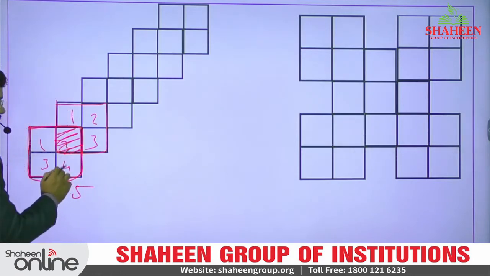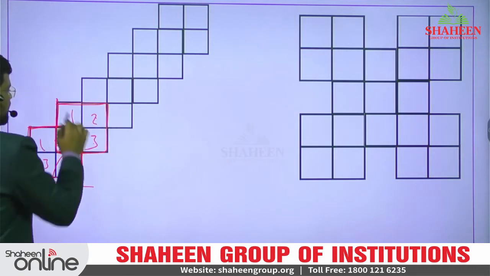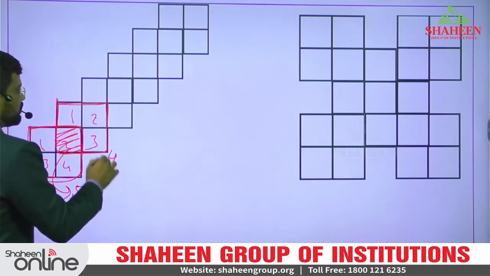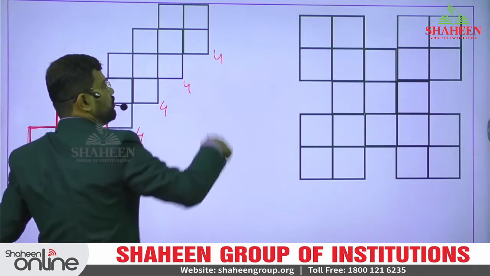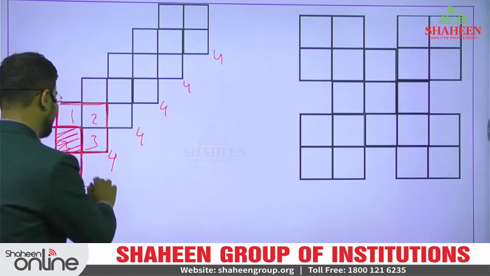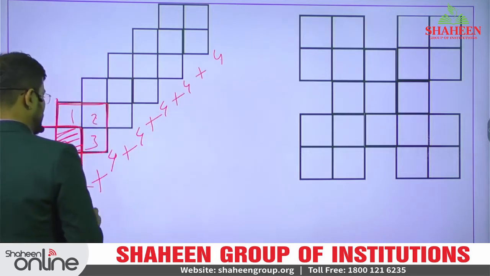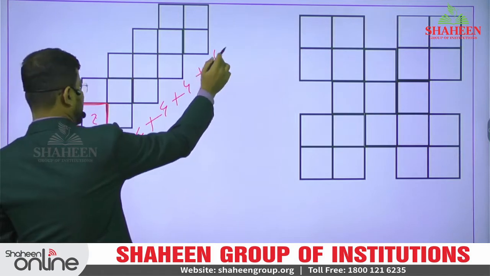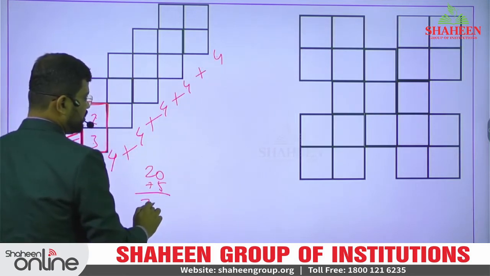Because I have already counted it, so I will not count 1, 2, 3, and the outer one is 4. Now imagine this is 4, 4, 4, 4, over. Now look at here, so 1, 2, 3, 4, 5, 4 into 5, 20, 20 plus 5 it is 25.